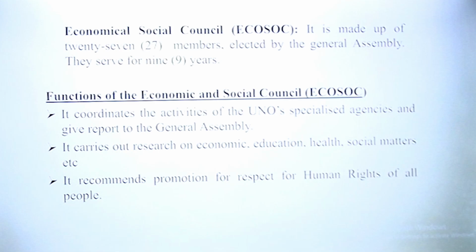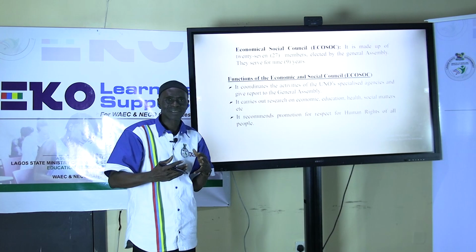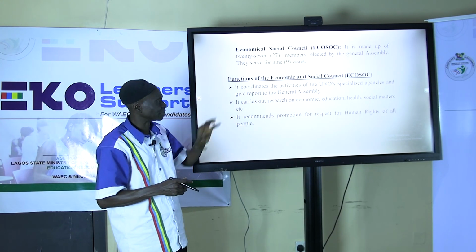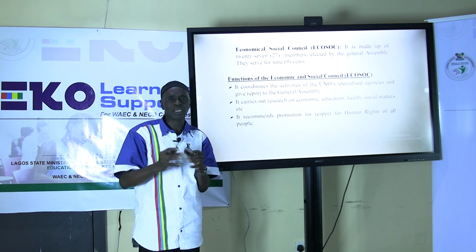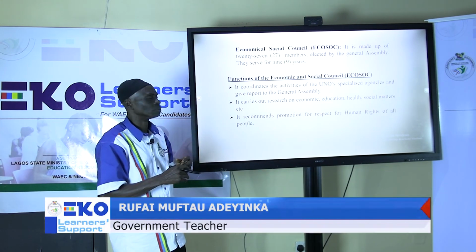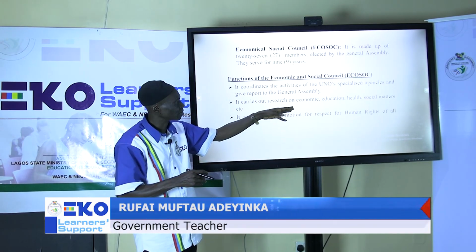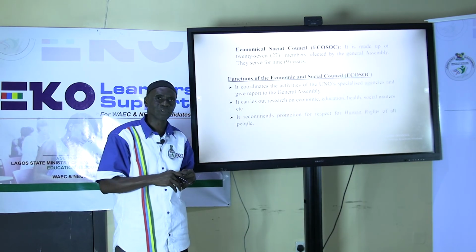It carries out research on economic, education, health, social matters, and so on. Every aspect of life that needs to be researched or looked at in terms of technology and sciences. This is the organ that works for the UNO to make sure it is done in the area of economy, education, health, social matters, and so on and so forth.